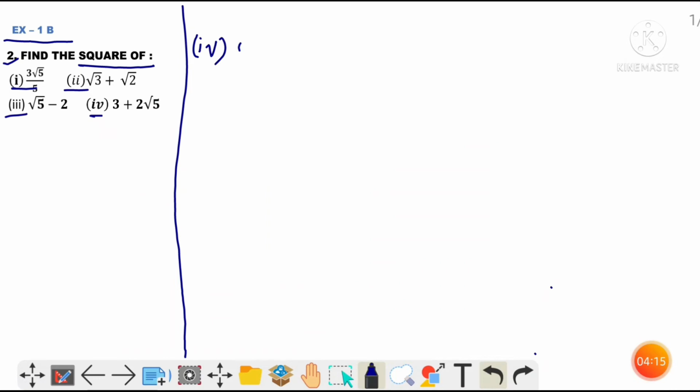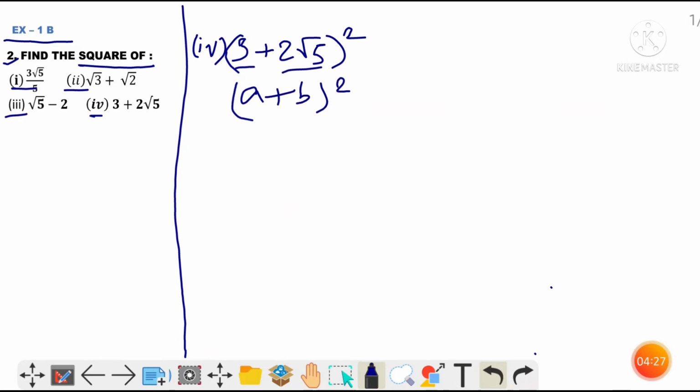Next, question number 4: 3 plus 2 root 5. Squaring this, we'll get again a plus b whole square, a square plus b square plus 2ab. By applying this formula, we'll solve this question.